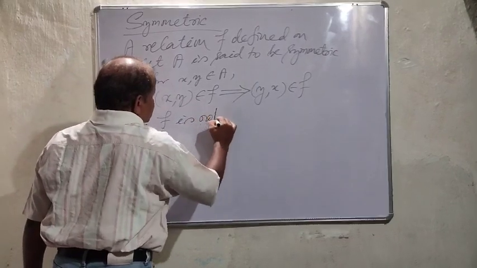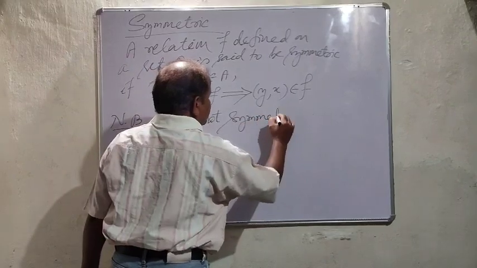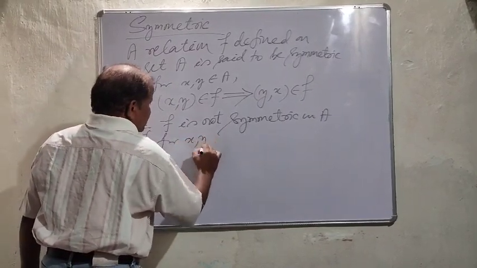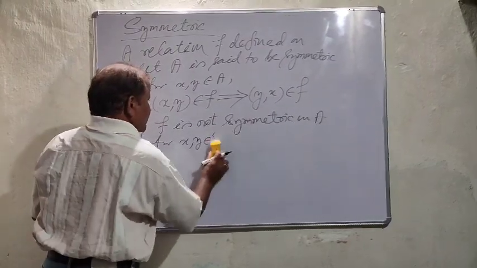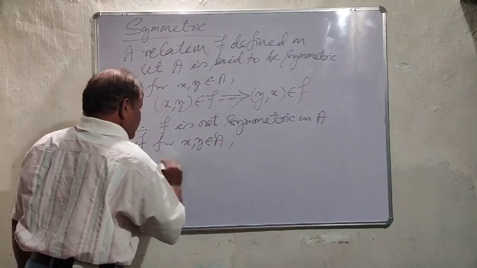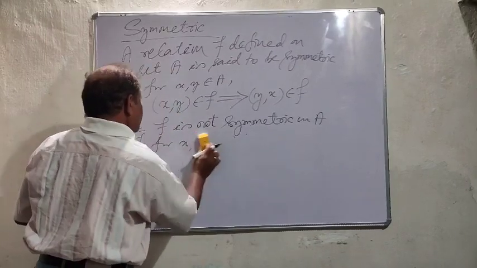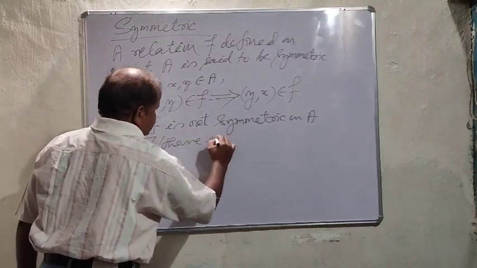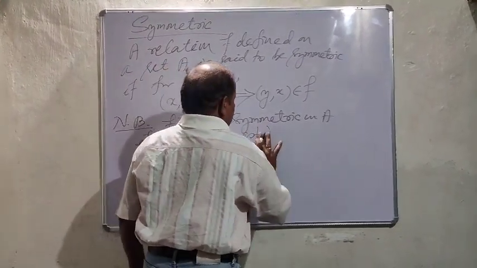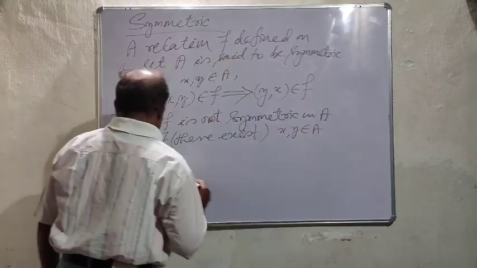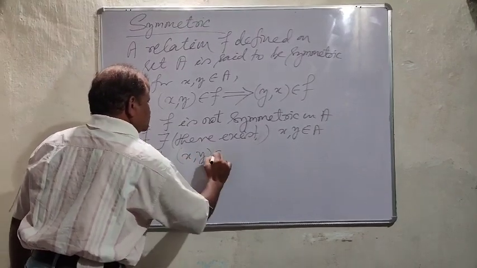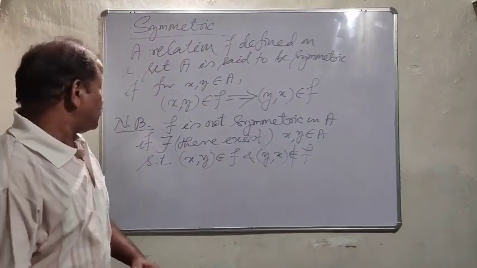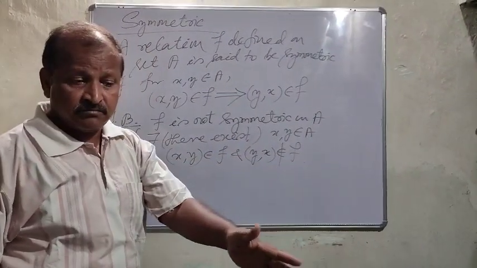So when it will not satisfy this condition, note it: R is not symmetric on A if there exist x, y belonging to A such that (x, y) belongs to R and (y, x) does not belong to R. If we find one such example where x is related to y but y is not related to x, then it is not symmetric.